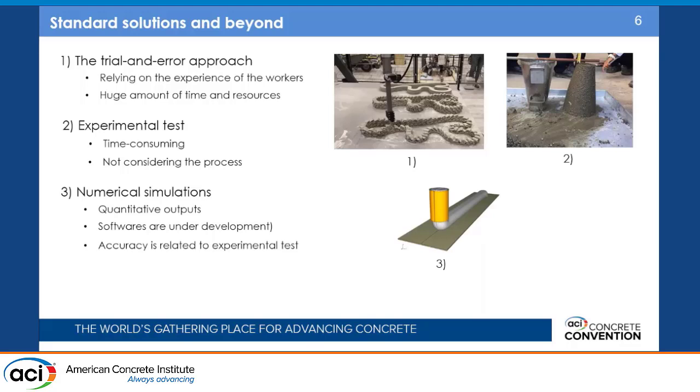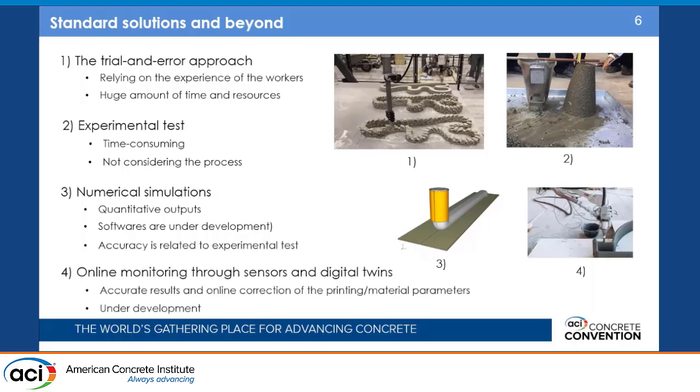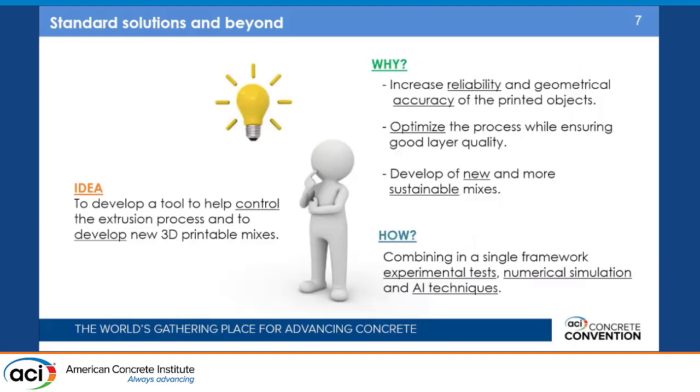They can help you predict in advance the performances and the quality of your extrusion process, but they are still under development. And finally, we can have sensing, and also with the idea that maybe in the next years we are going towards digital twins, and this will further enhance the possibilities.